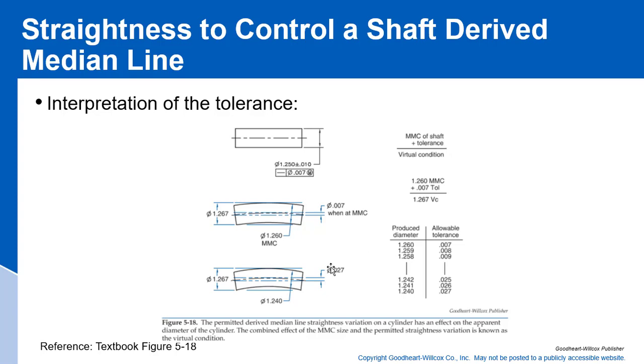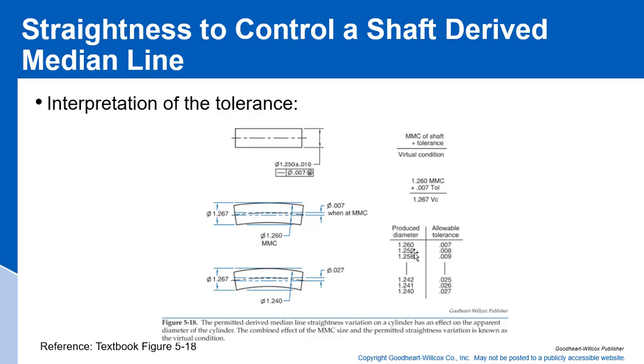But again, this is GD&T and how it has to do with fits. If I produce that part at sizes smaller than the maximum material condition, I actually end up getting more effective allowance on the form tolerance.